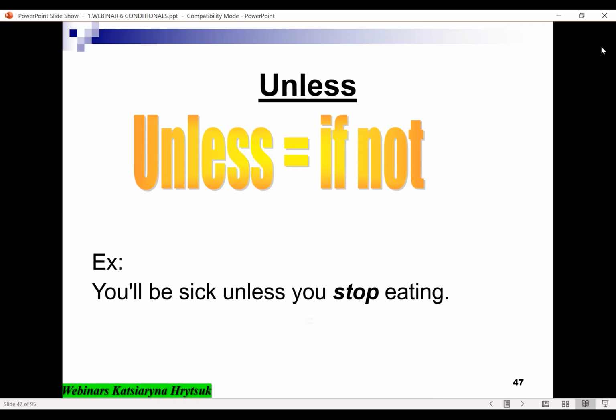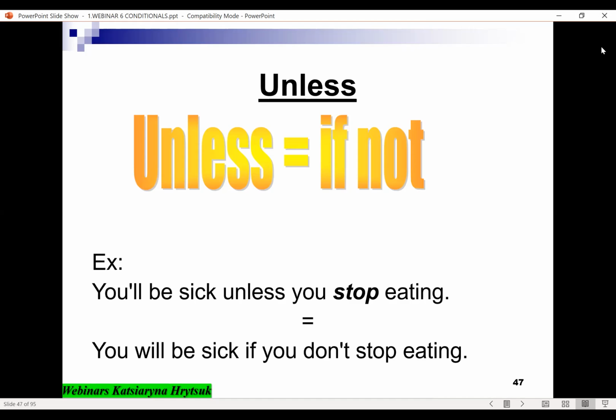It's the same as another example: you will be sick if you don't stop eating. It means people eat too much, right? So if goes with a negative word, don't, and it works perfectly.